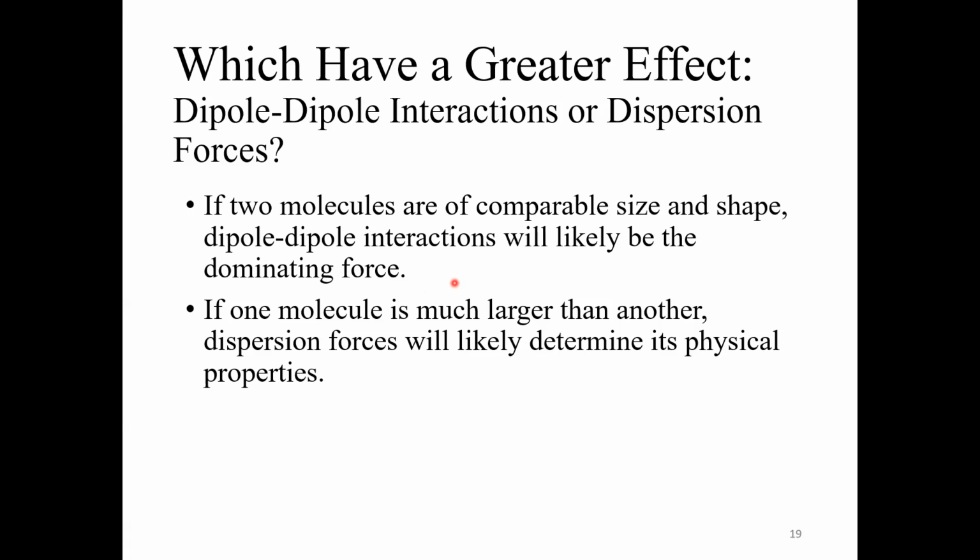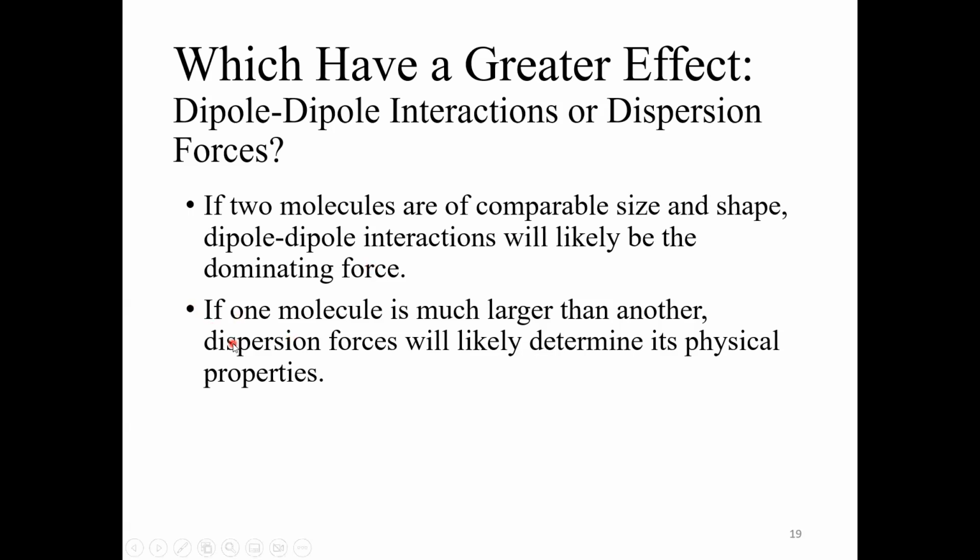And the reason we could look at the dipole-dipole interaction in that case is because the size of those molecules was approximately the same. Of course, not exactly equal, but they were roughly the same size. So that dispersion force is going to be about equal within all of those. So the dipole-dipole interaction is what played a larger effect in the boiling point or the melting point, whatever one we looked at in that table.